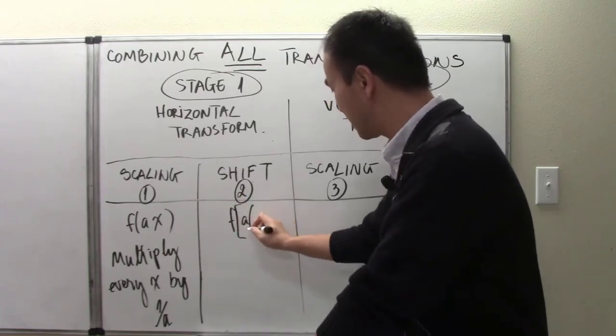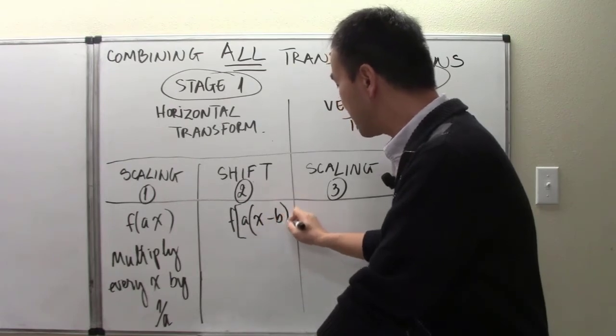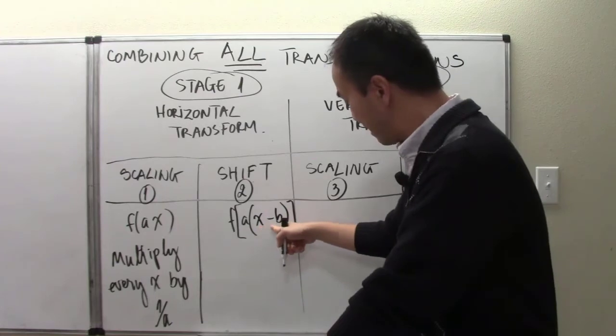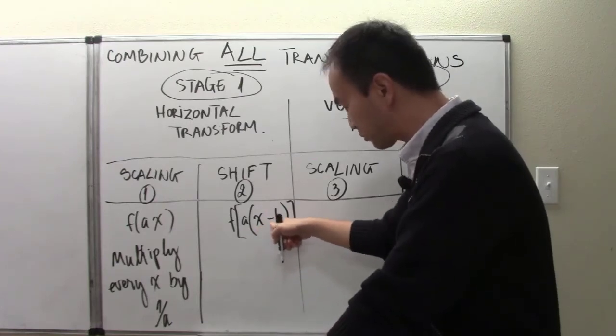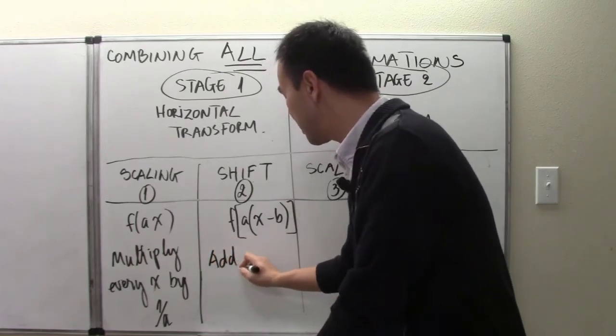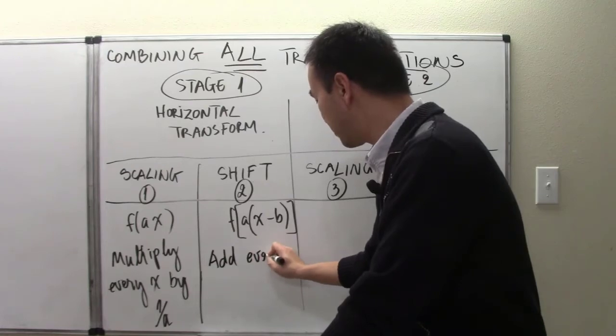So now we want to display a times x minus some b value. Okay, so with this b right here being whatever value that is, but we have to express it as x subtract some b value. And so now this means the advice here is we're going to add every x value.